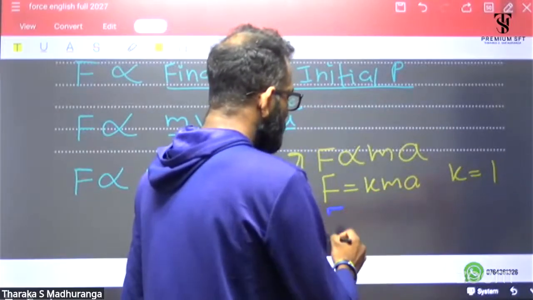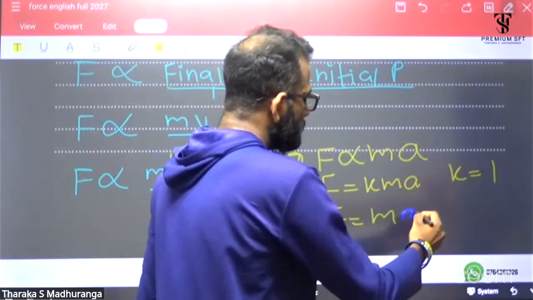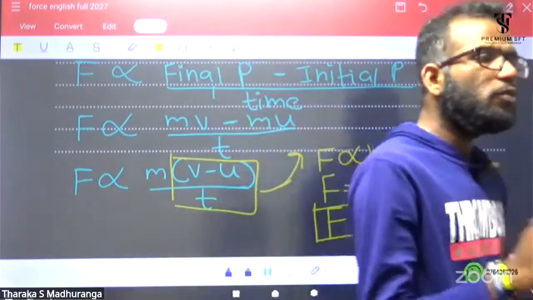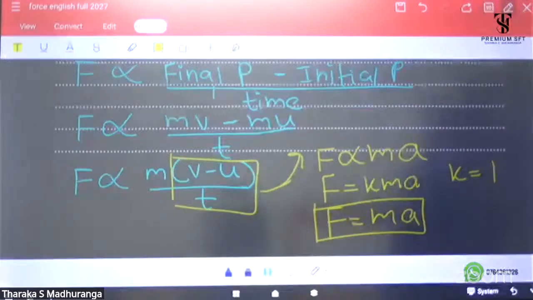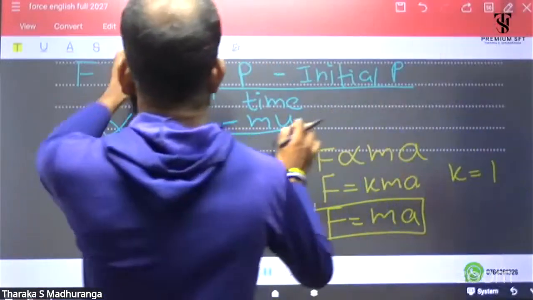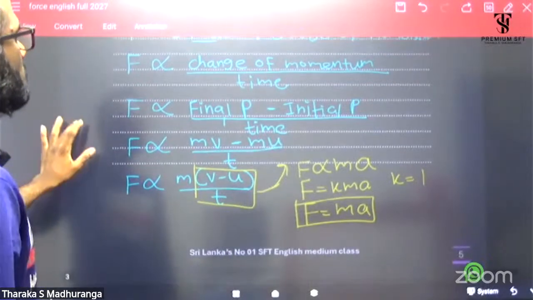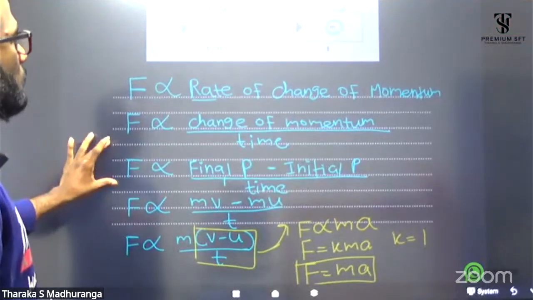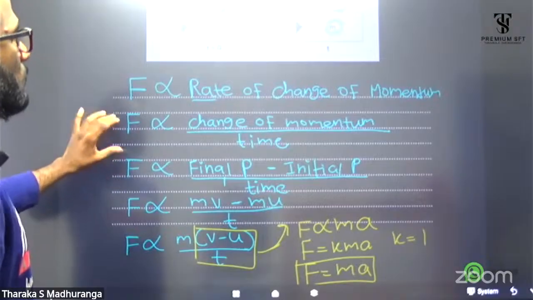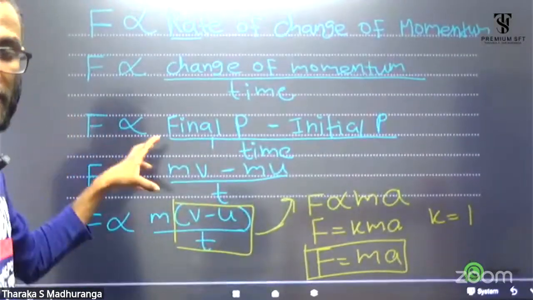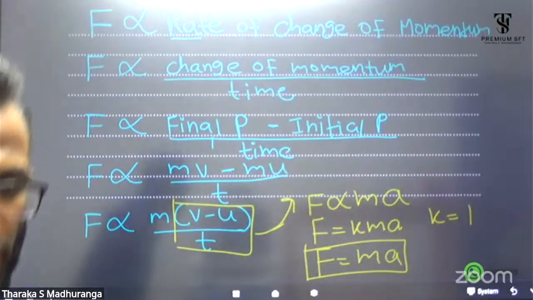Now we get F equals ma. According to momentum theory, we can get F equals ma, the Newton's second law equation. This is the second way of Newton's second law equation.